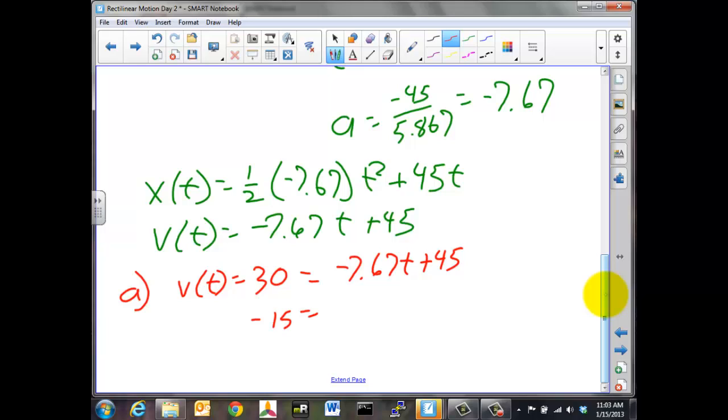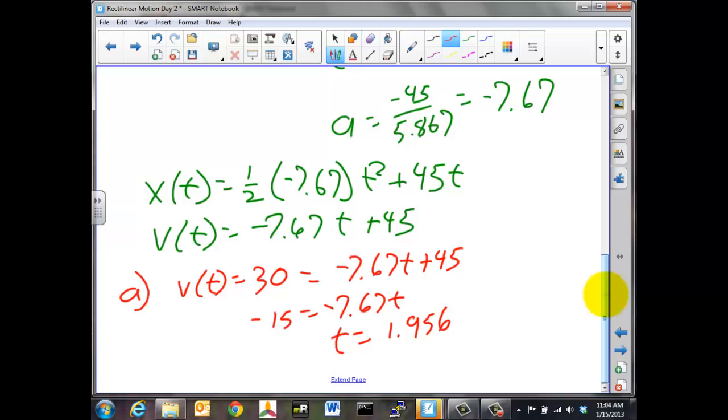Negative 15 equals negative 7.67t. So t equals almost 2, 1 point something. 1.956. Is that our answer?